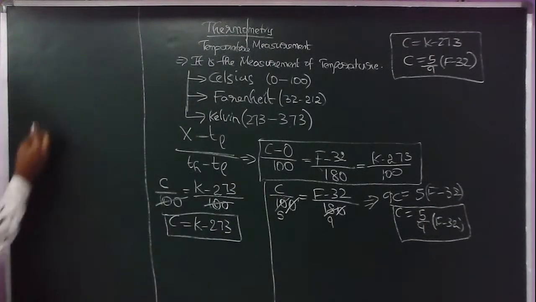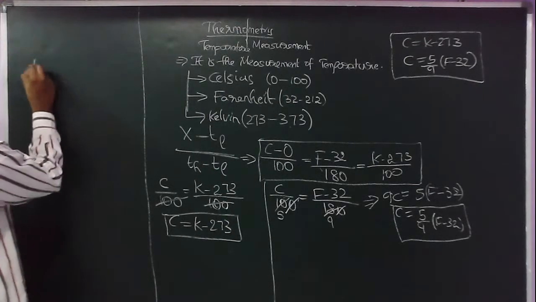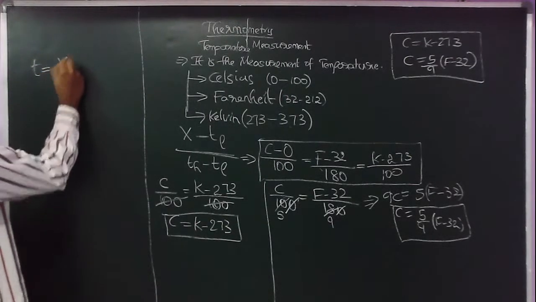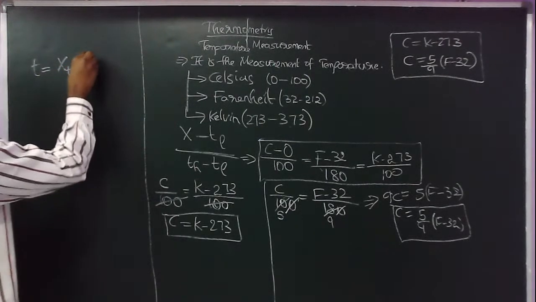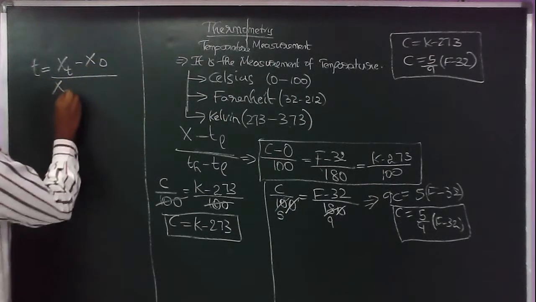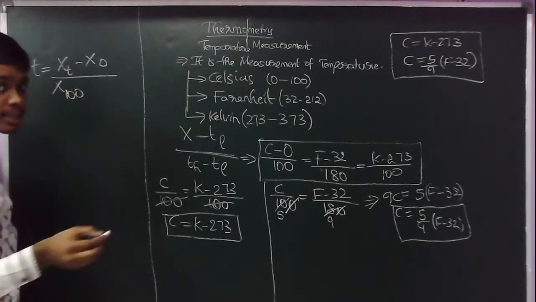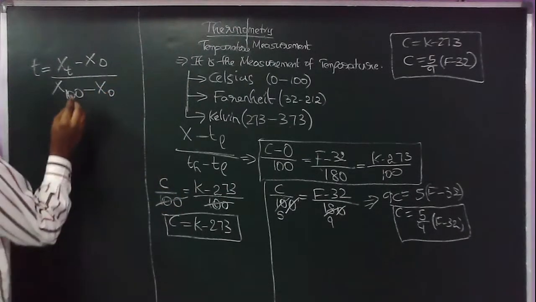Okay, now there is a particular temperature T. T is equal to Xt, that means the unknown temperature we want to find out, minus X0, upon X100 minus X0. That means at 100 degrees or at the last end point, it is X100.